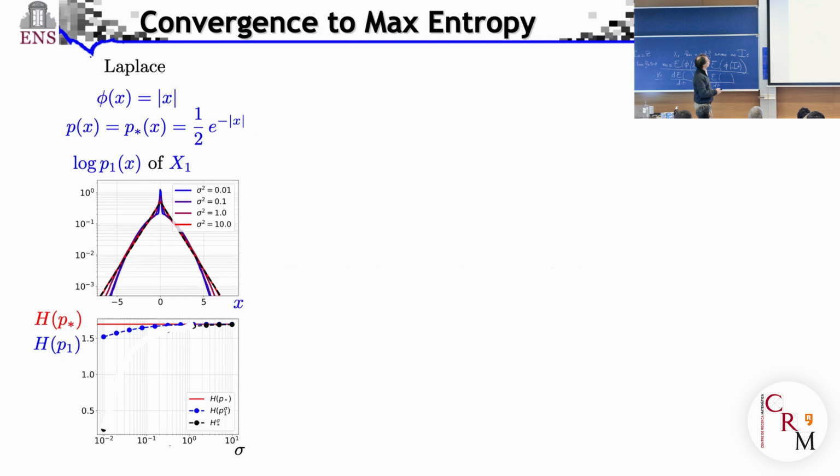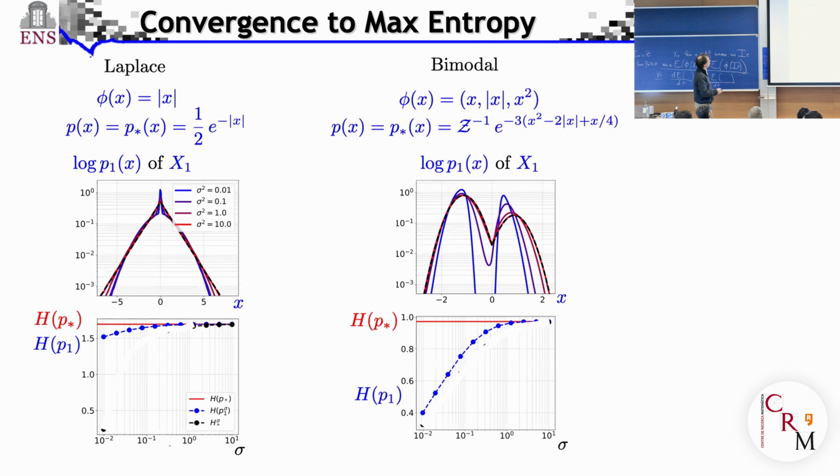Okay, so this is a first simple example. Here's a Laplace distribution. So p of x is the exponential of minus the absolute value of x. So here, phi, the moment that you compute, is just the absolute value of x. And here I look at the log probability of the solution at time 1, and it's going to be 2 straight lines. It's shown over there in dashed line.